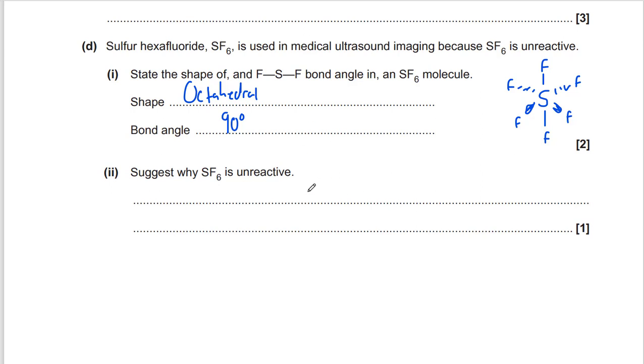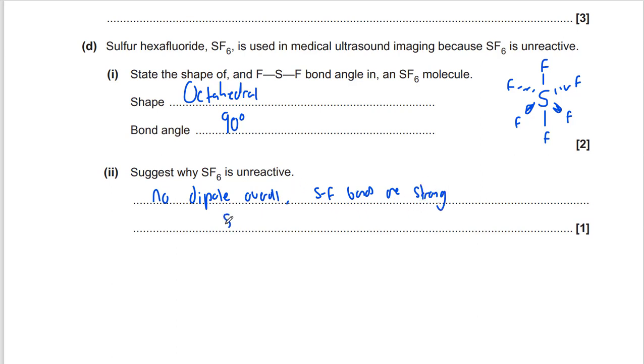Right, why is it unreactive? There's loads of reasons you can give here. You can say it has no dipole overall because it's symmetrical. That's good enough for 1 mark. You can also say that S to F bonds are strong covalent bonds, so hard to break.